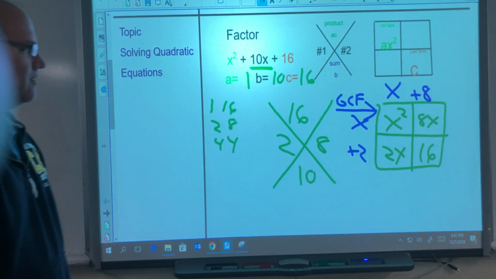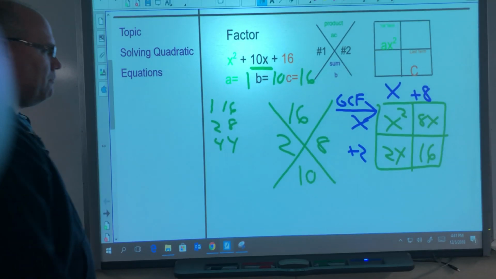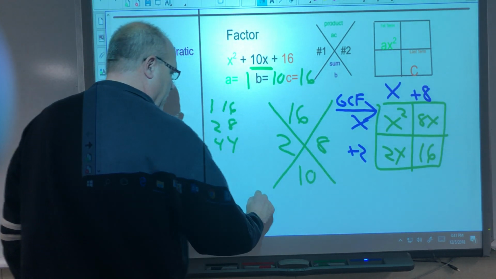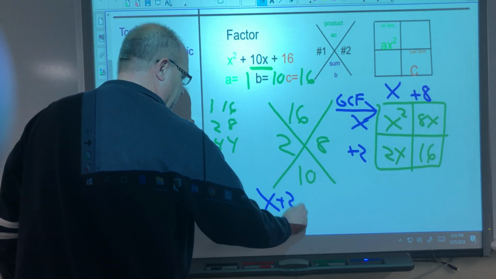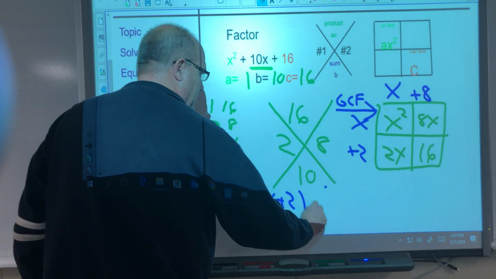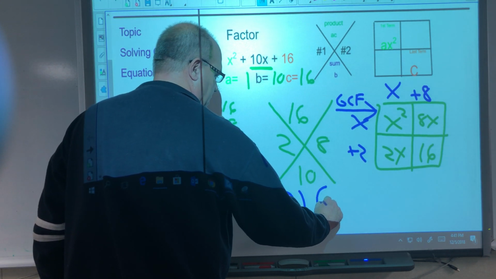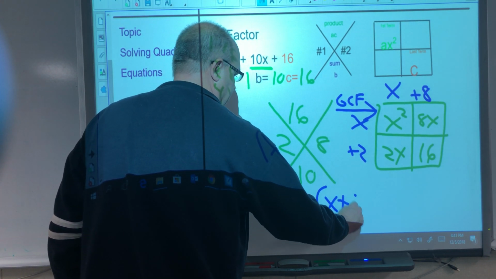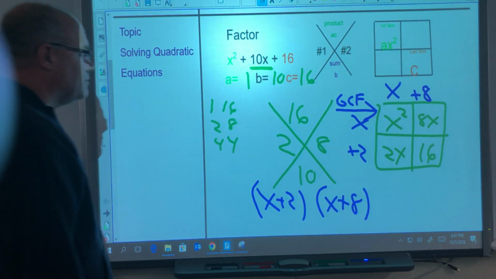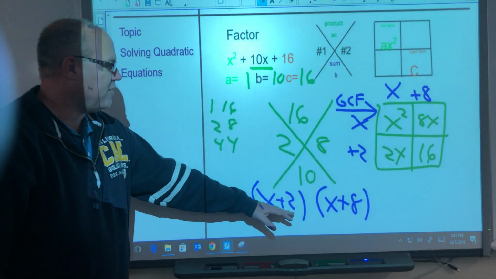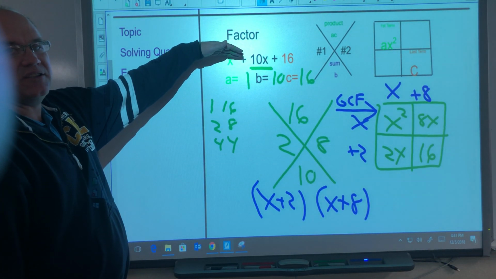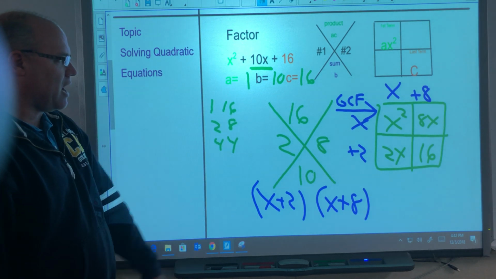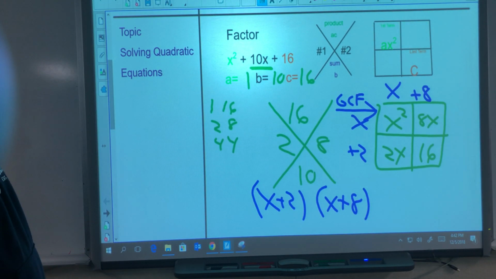Yes, it is. So now our factor form becomes the outside part, x plus 2 is one factor, multiplied by the other factor, which is going to be x plus 8. Okay? If I multiply this, I get back to standard form for that quadratic expression.